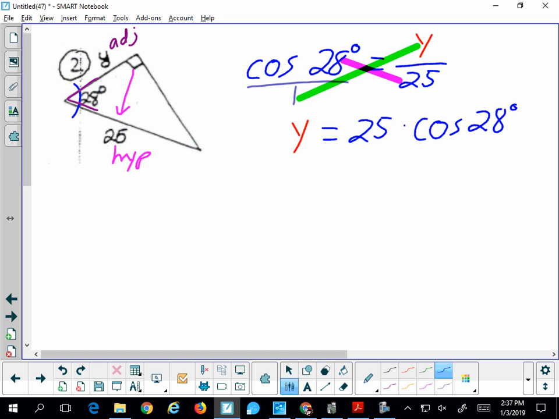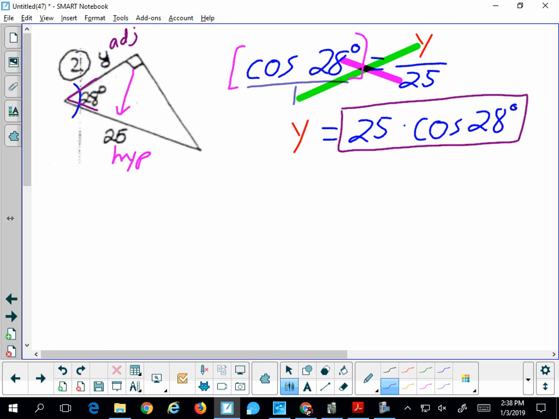Make sure we keep this entire piece together. Cosine 28 degrees is one single entity. Once I cross multiply, you notice the y is by itself, so it's ready to put in my calculator.